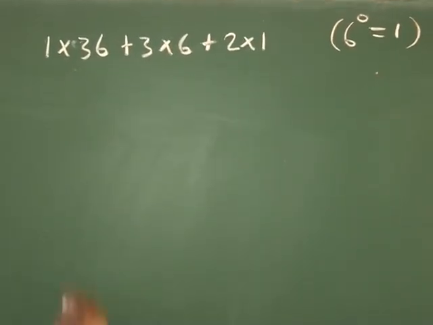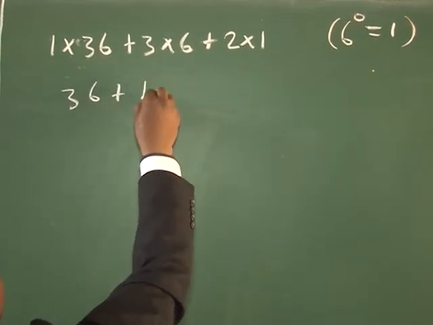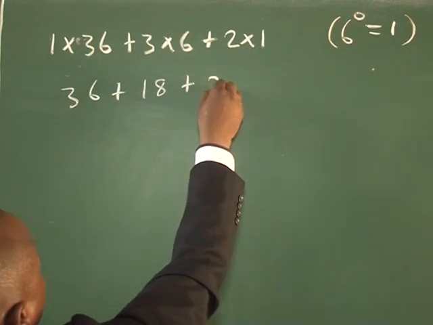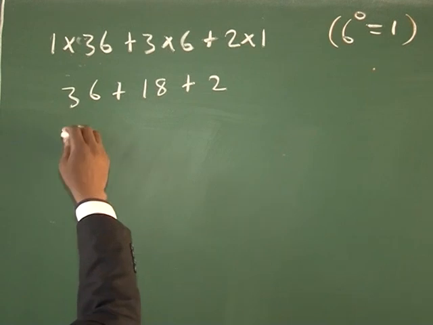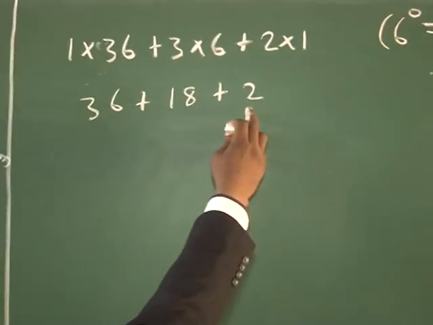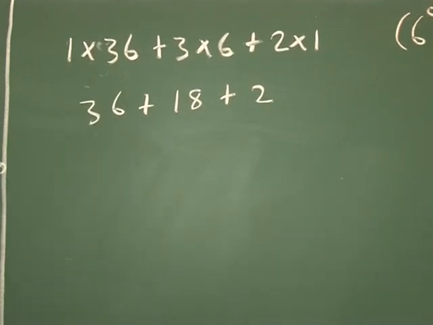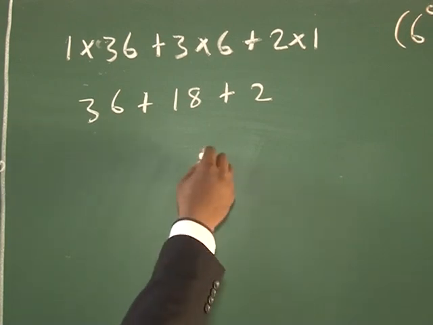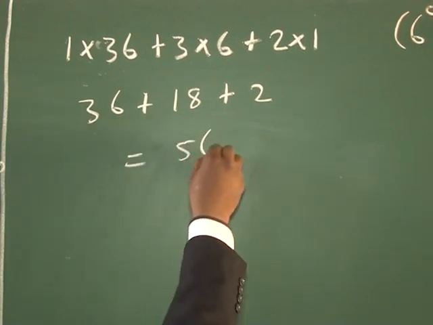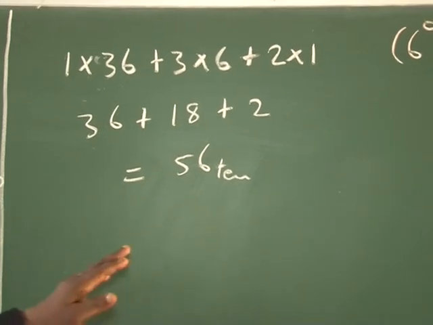So then this will give us 36 plus 18 plus 2. 36 plus 2 is 38. 38 plus 18 is 56. So this gives us 56 in base 10. Alright, we have 56 in base 10.